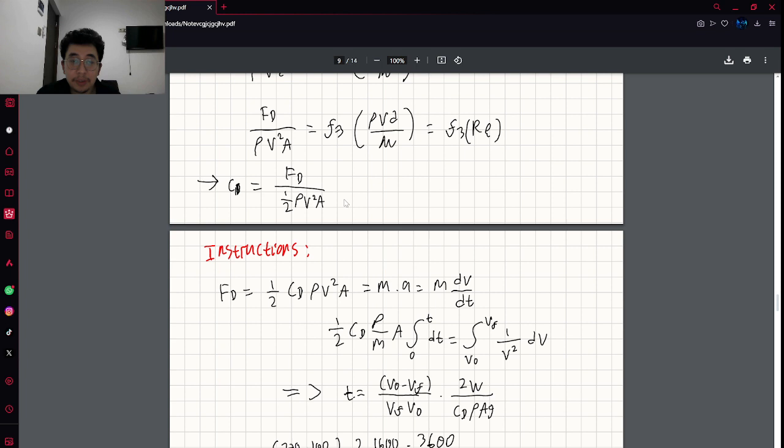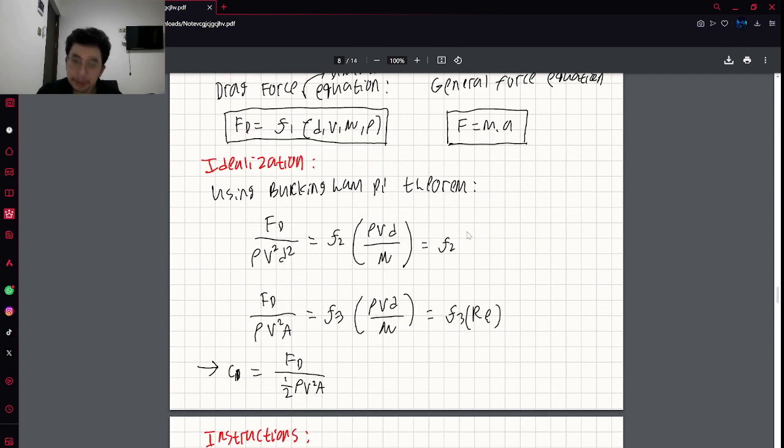So yeah, we can move this part to the other side, and we get FD. So basically the drag force equals CD times that, and equals m times a.